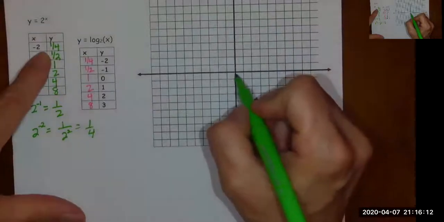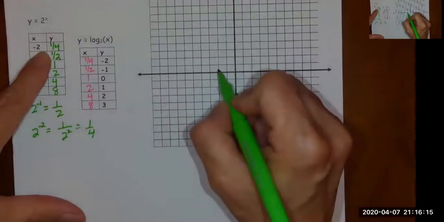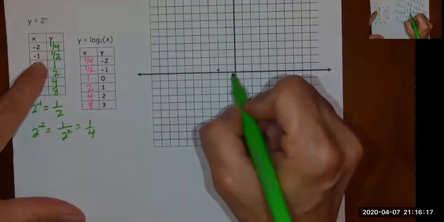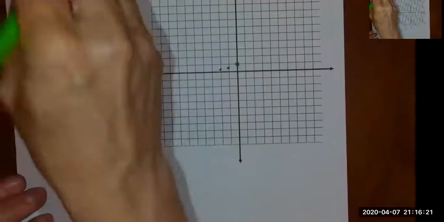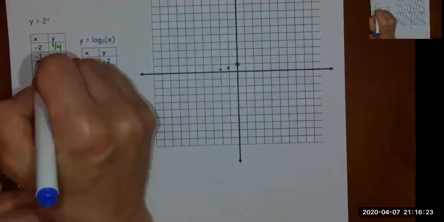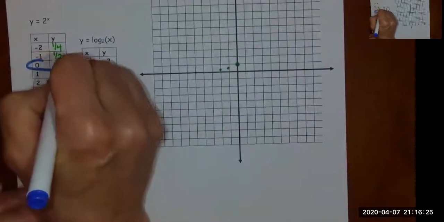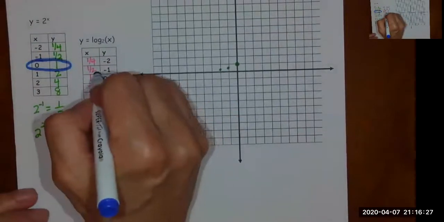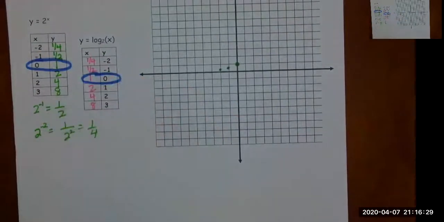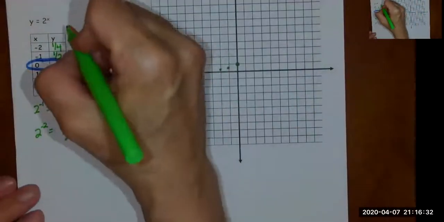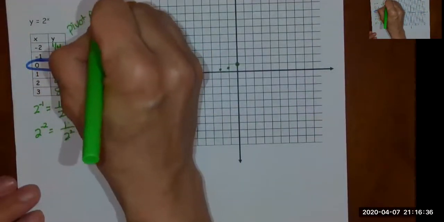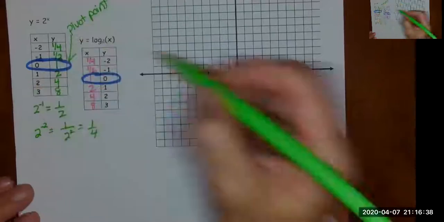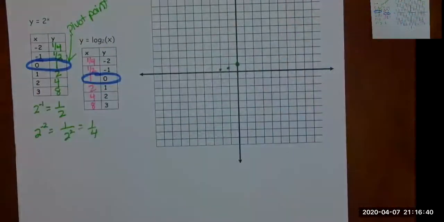So let's graph the green one. So -2, 1/4, -1, 1/2, 0. Now, if you remember from our work yesterday, this was the point you were supposed to memorize. That's called a pivot point. I like to refer to it as the pivot point, because if you have to move one around, you'll put that point on and then just draw your graph in.